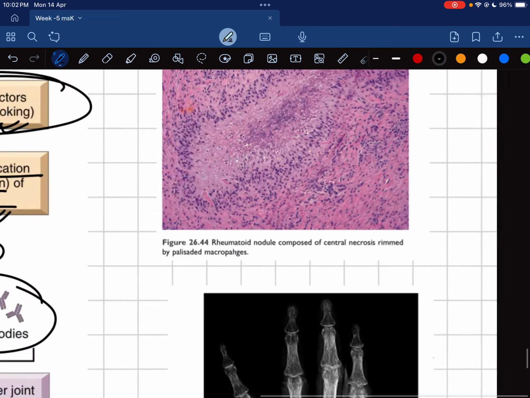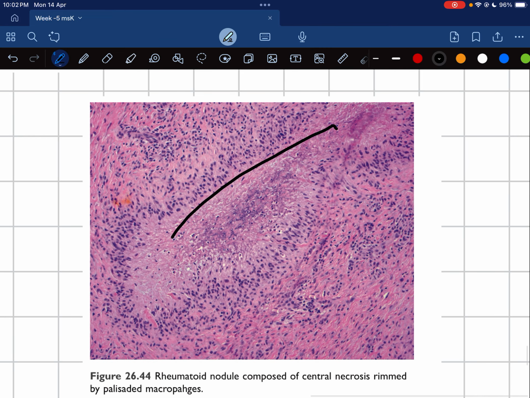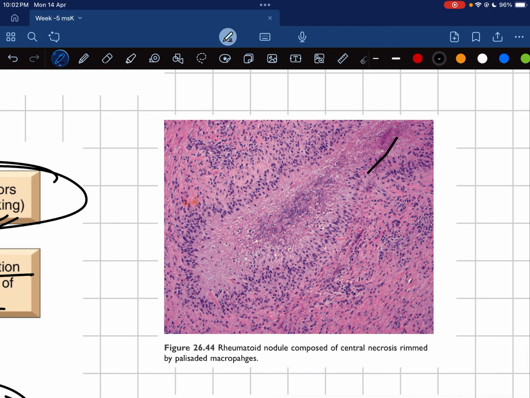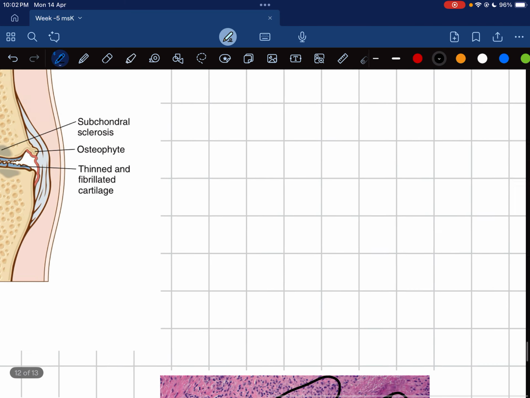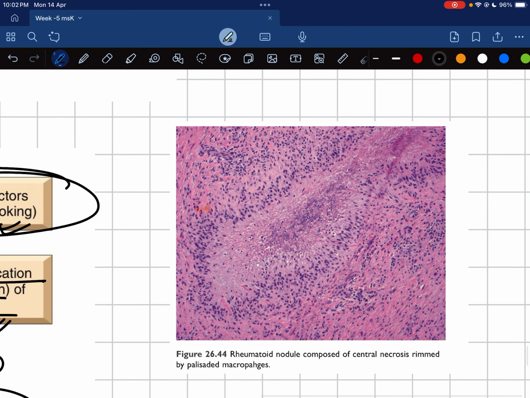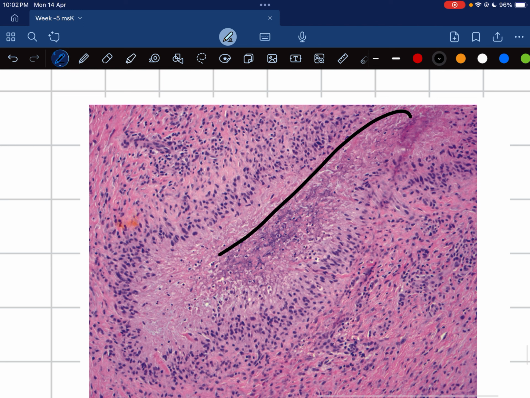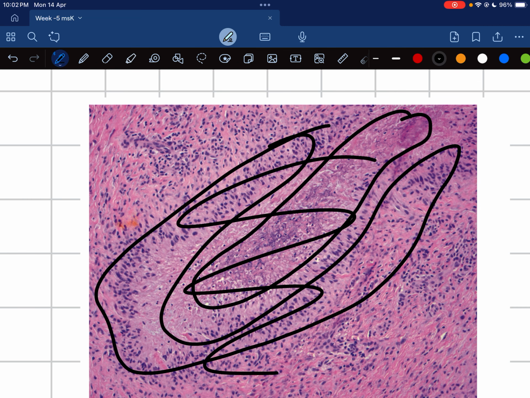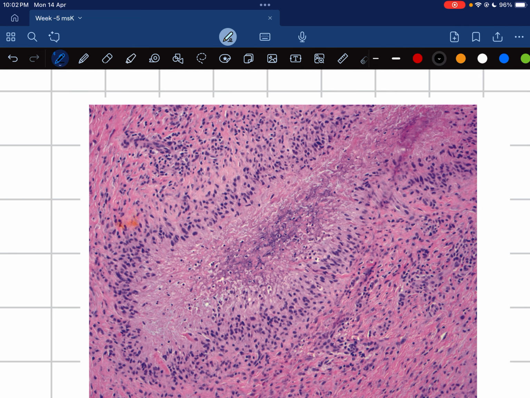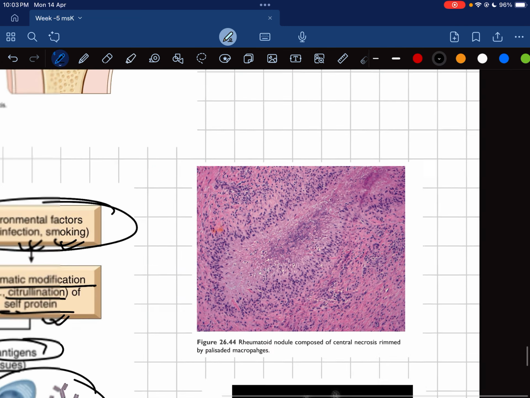In the diagram, this is the central fibrinoid necrosis, and in the periphery there is palisading of macrophages and lymphocytes. We can see in this image the central fibrinoid necrosis surrounded by lymphocytes. This is the histology of rheumatoid nodules.